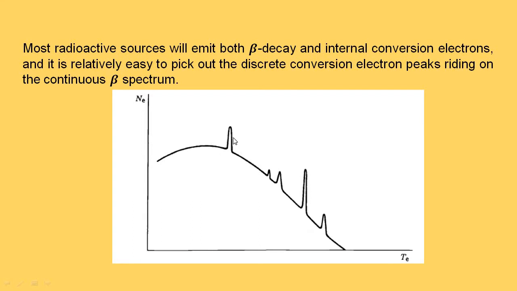So those electrons are mixed with your beta decay electrons. That is why you are getting a combined structure like this, and you are saying that they are riding on the continuous beta spectrum.